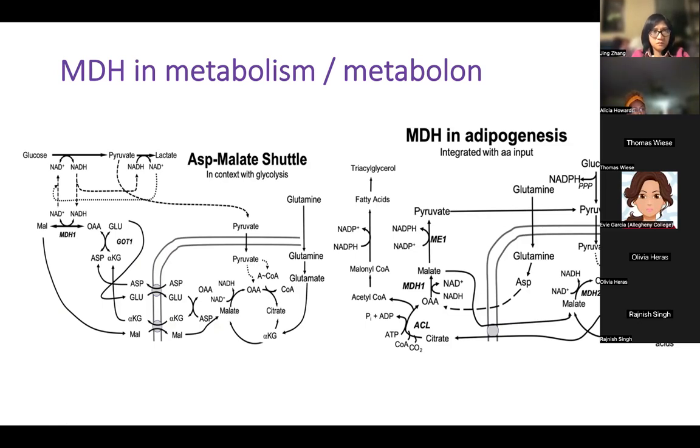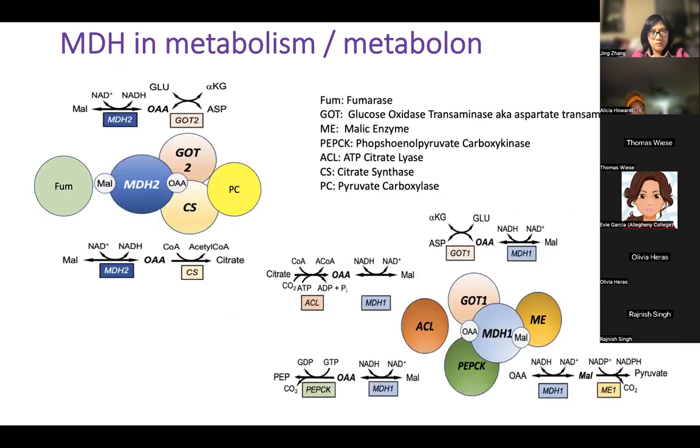This is complicated. I want to break it down to show you why MDH maybe needs more fine-tuning or regulation than just whatever substrate happens to be present. If we look at the proteins that share either the substrate malate or oxaloacetate in the mitochondria, we have fumarase, citrate synthase, glutamate oxaloacetate transaminase, and pyruvate carboxylase.